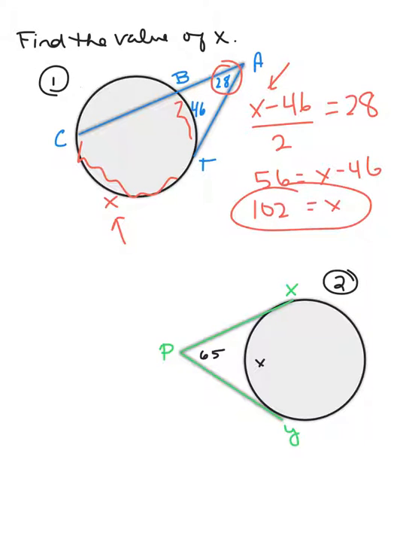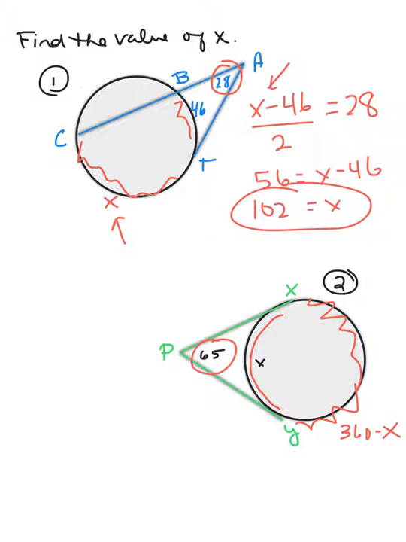In our next example, number 2, I know that my angle outside is 65. My one intercepted arc here is x. I don't have a measurement for the arc outside, but I do know that the whole circle has a measurement of 360, so that intercepted arc is going to be 360 minus x.